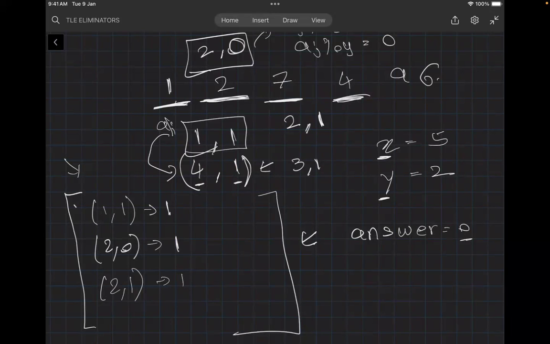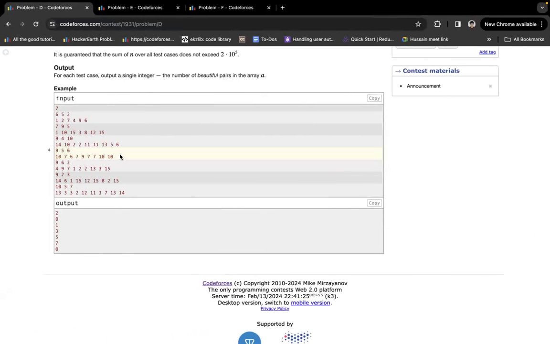4 mod 5 is 4, and 4 mod 2 is 0. So what values of aj mod x and aj mod y should satisfy the problem? Tell me, guys. Do you get the idea?